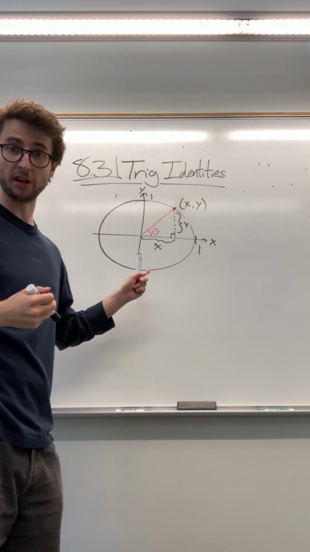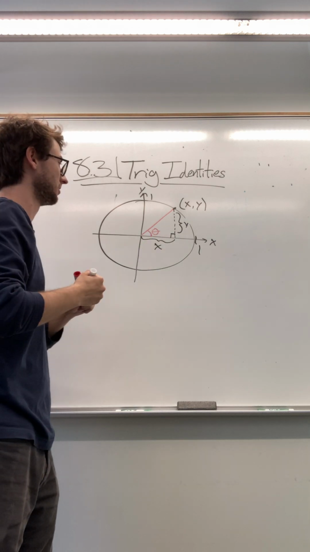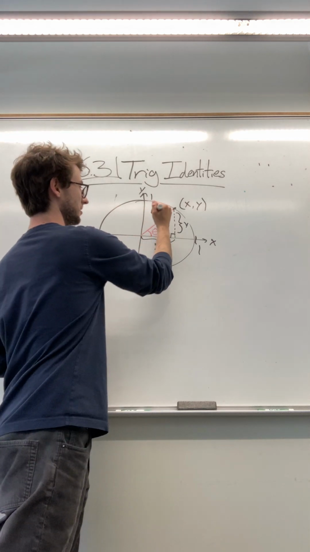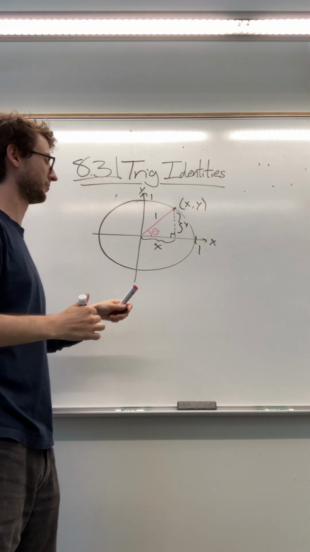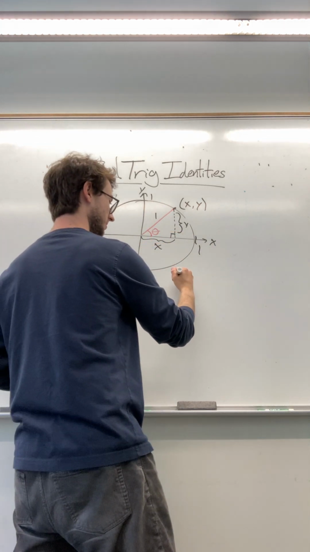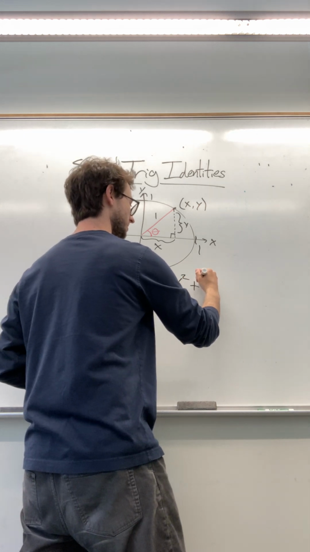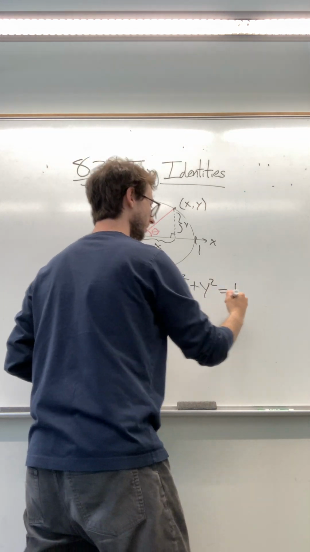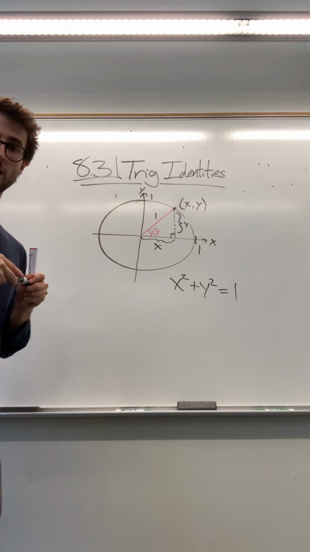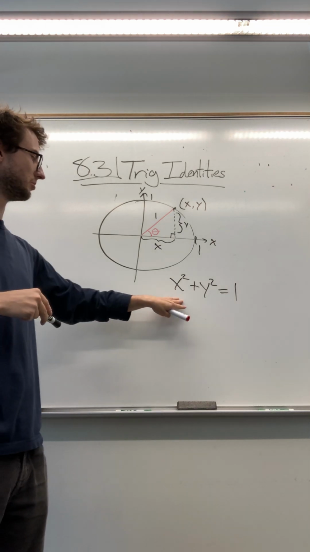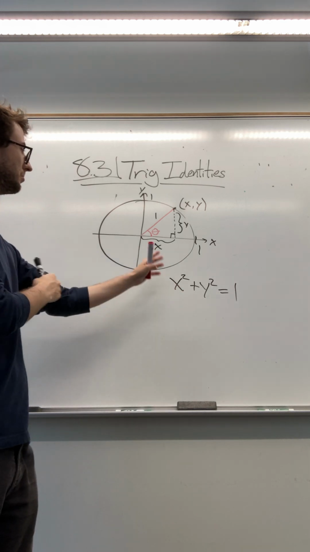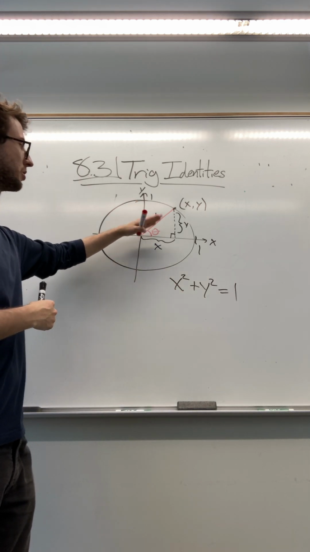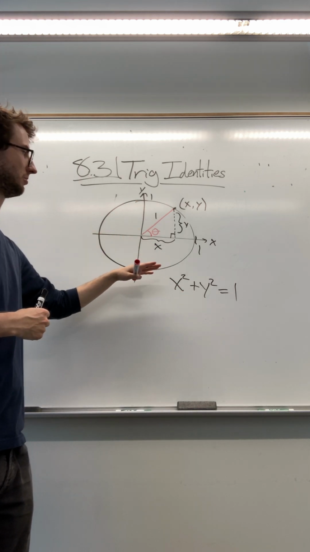By virtue of this being a right triangle, and the hypotenuse of this triangle is the radius of the circle, so it's 1, we get that x squared plus y squared equals 1. This is just the Pythagorean theorem, but it didn't matter where this triangle was situated.